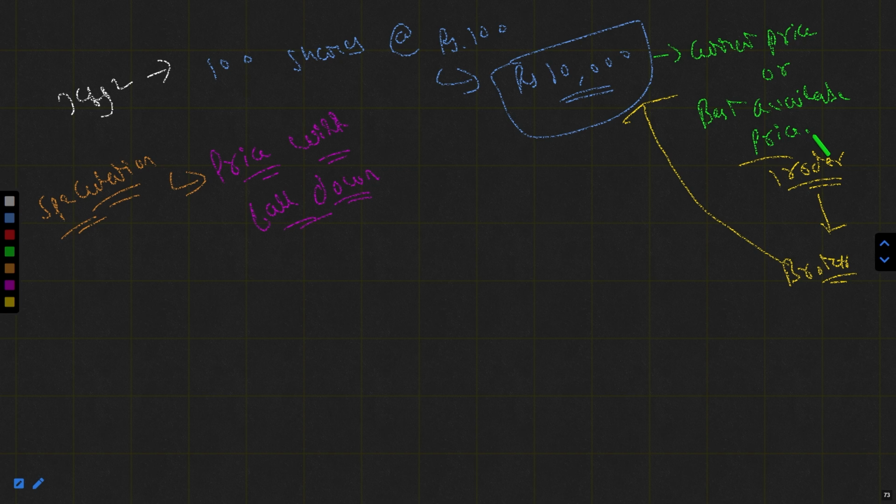Okay, so there is a speculation that maybe the price will fall down in the near future, but the trader orders the broker to buy the shares at this price, and when the 100 shares of XYZ are bought, maybe the price rises up.